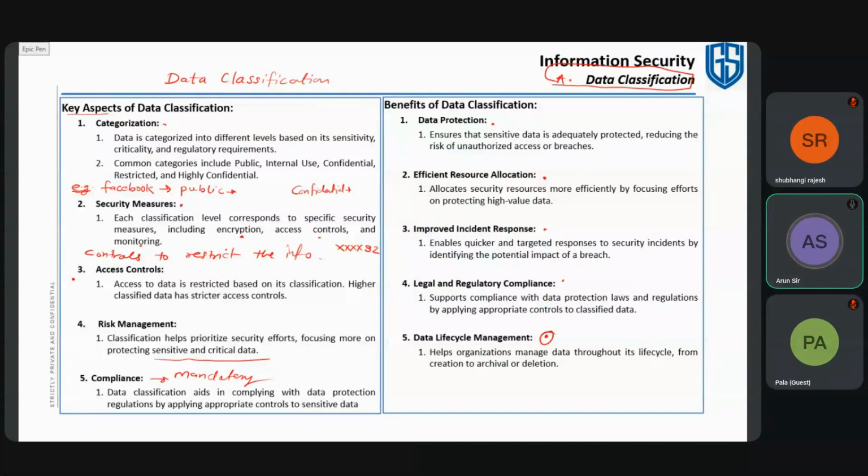So these are certain aspects of data classification, and there are certain benefits on the other hand.